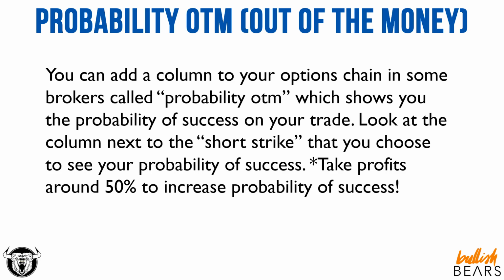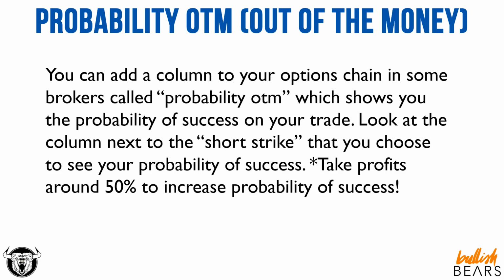What this column does is show you the probability of success on your trade. Specifically in this video, on credit spreads, you want to look at the column next to your short strike, and then you'll be able to see your probability of success.